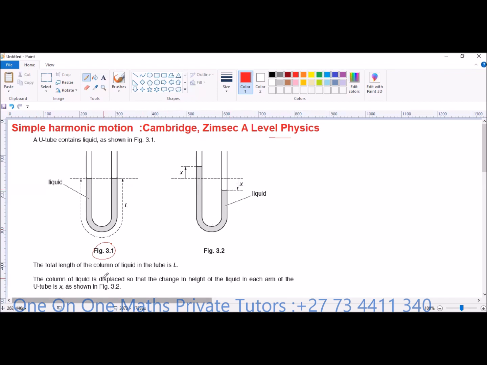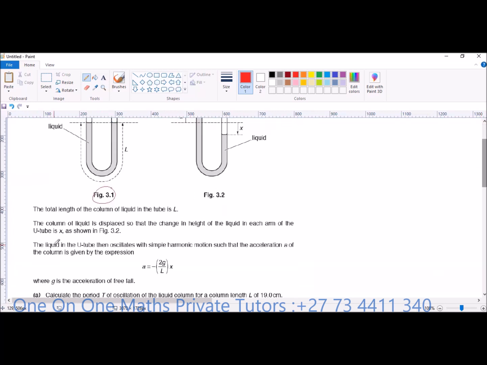We can see it in Fig 3.2: they move this column down and this one goes up. The liquid in the U-tube then oscillates with simple harmonic motion such that the acceleration a of the column is given by the expression a is equal to minus 2g over L times x.